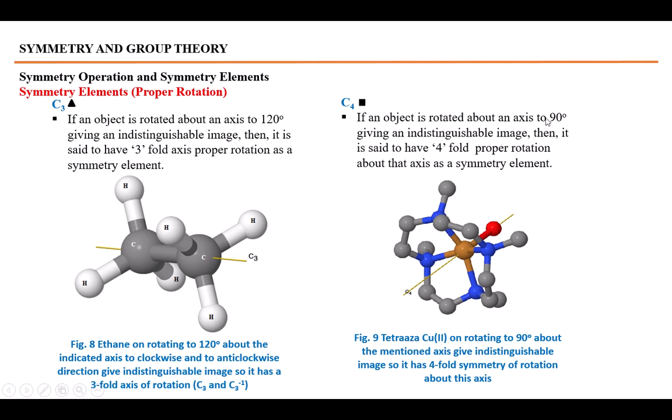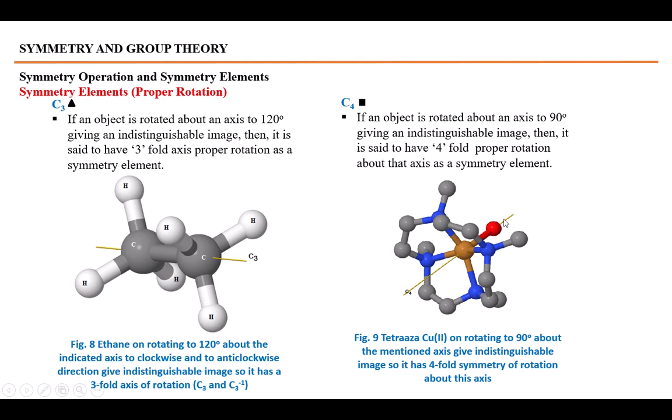C4: if a 90-degree rotation about some axis will take the molecule to an exactly indistinguishable form, we say that a C4 axis of rotation exists there. For example, in this tetra-coordinate copper molecule, it's a copper atom, and if you take an axis passing through the copper atom perpendicular to the molecule, rotation by each 90-degree angle will always make an indistinguishable image.